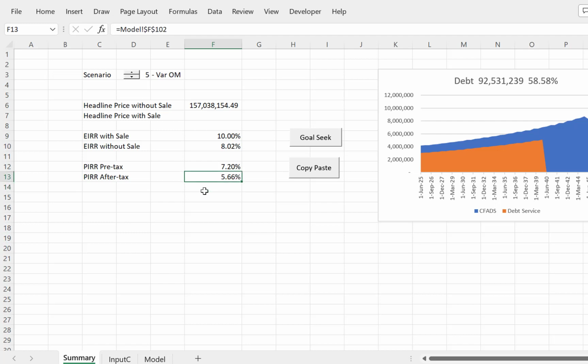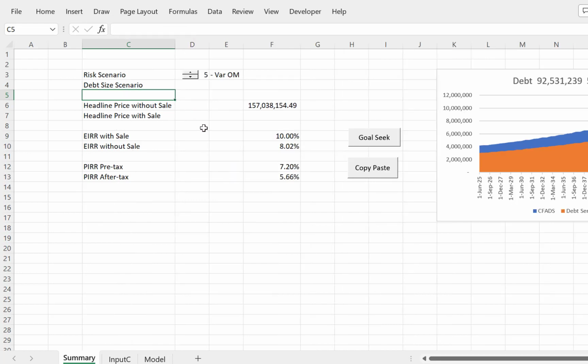What you really want to do is put up here what I'm going to call a risk scenario, and then I'm going to match that with a debt size scenario. And so we can use whatever we're doing. We better move it over and put these horrible things over here.